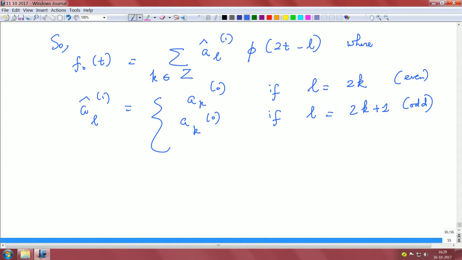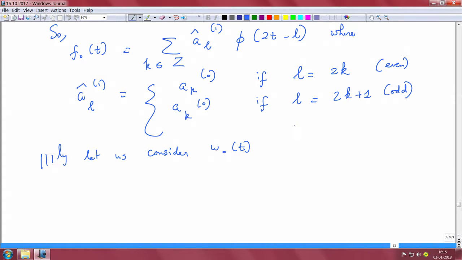So, similarly, let us consider w naught of t. Let us denote this equation as 2b.